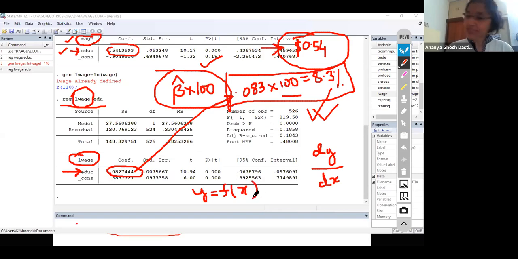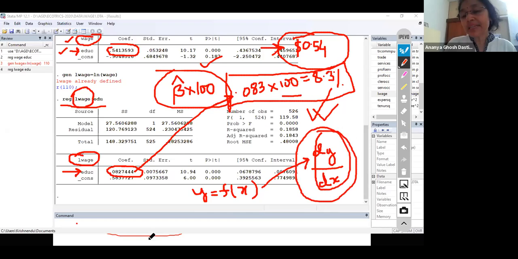And what is it that we are interested in? Why are we running this regression? We are really interested in asking, so what is dy dx? Invariably, whenever you are running a regression of y on x, what you are after is dy dx. Please keep this in your mind. It is a simple point, but a very important point, as you will see.